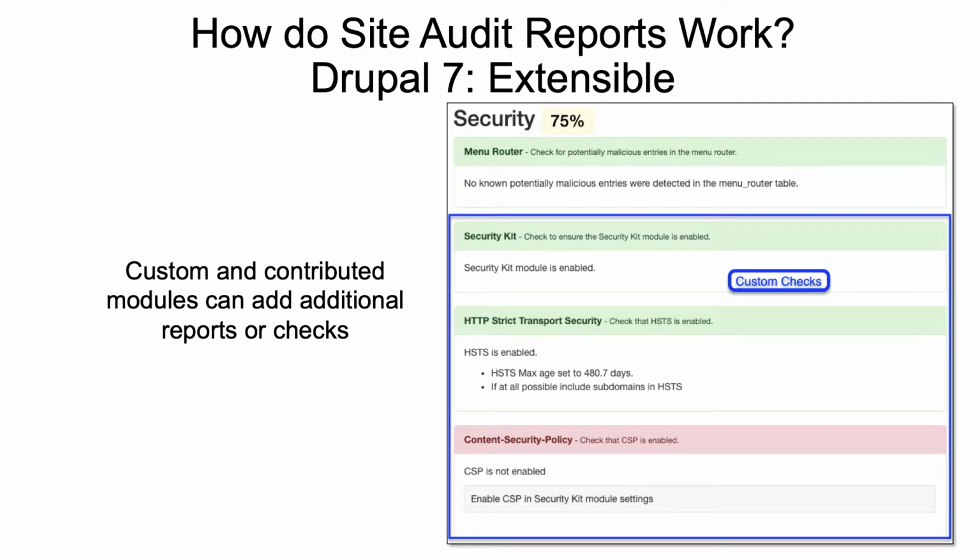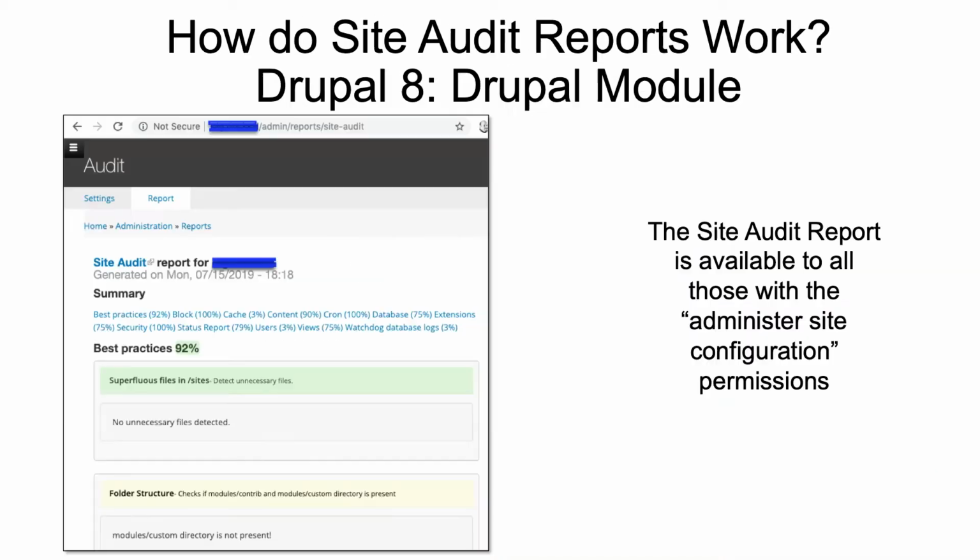For instance, these 3 checks that you see here under the security section, whether or not Security Kit is enabled, the HTTP Strict Transport Security and Content Security Policy, those are all custom checks that I added to a custom module that we put on all the sites. Those checks could also just as easily have been added to the Security Kit module to make it so anyone with Site Audit with that module installed will have those checks.